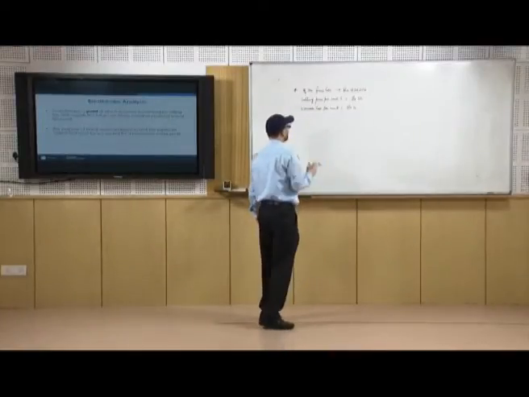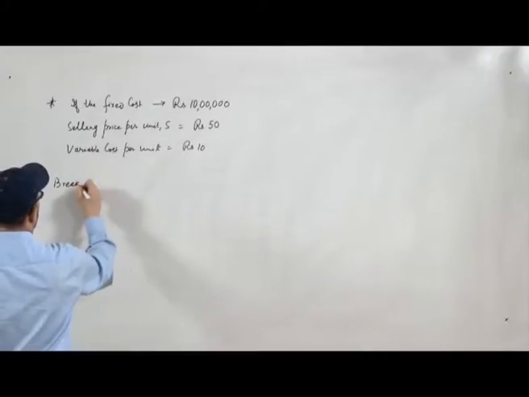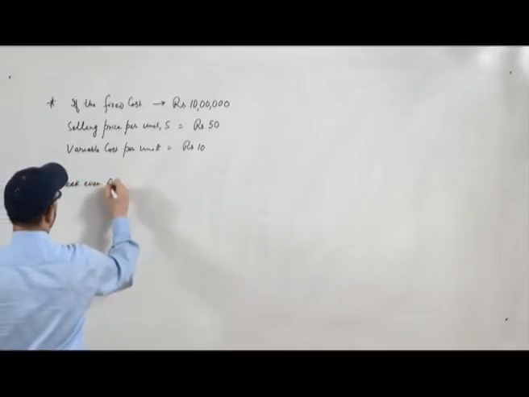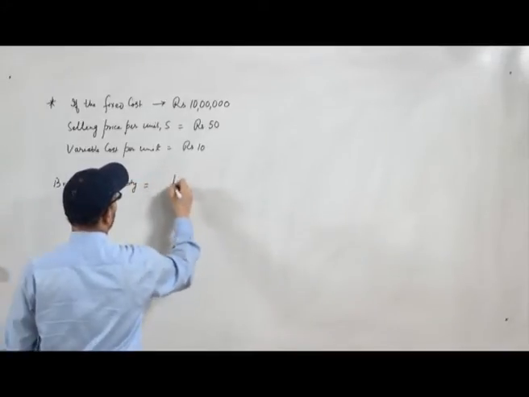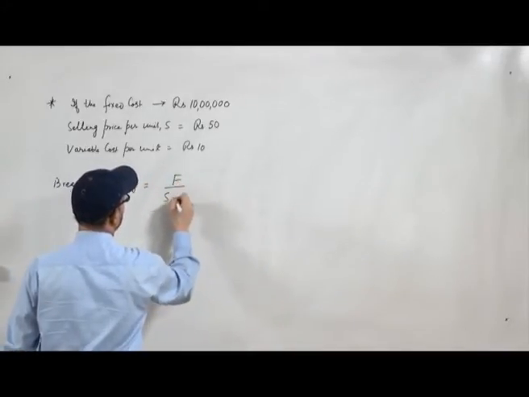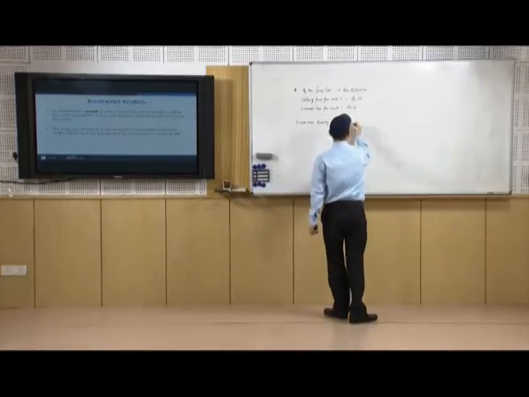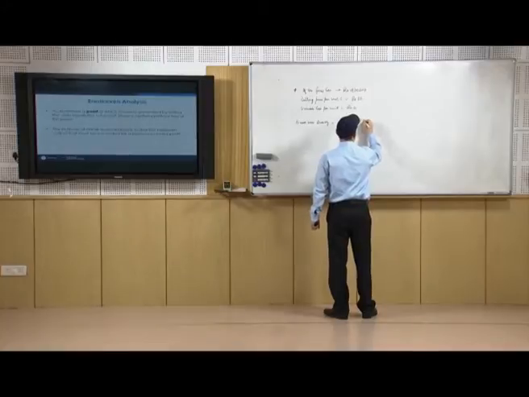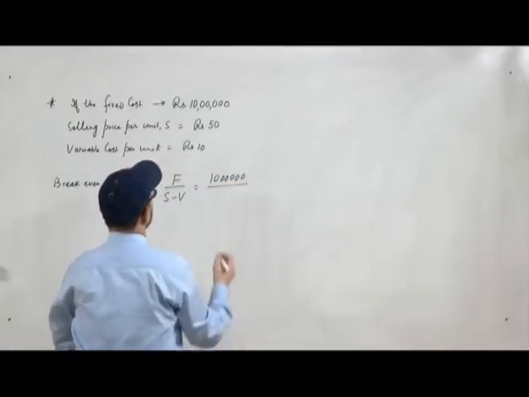So, we can use the formula, break even quantity will be F by S minus V. So, it will be 10 lakh divided by S minus V, which is 40.